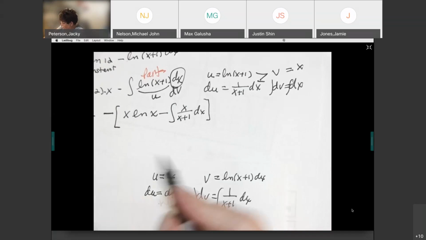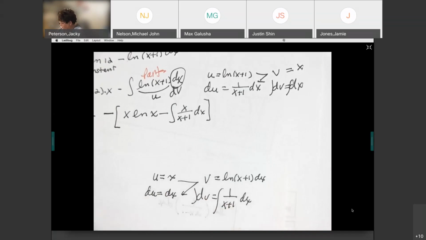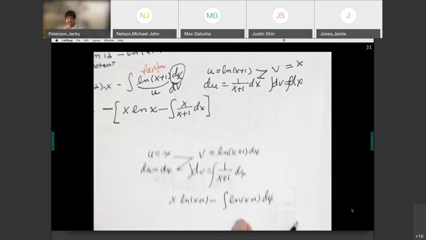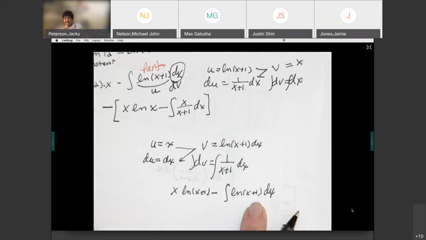Now, when you do parts, you end up with x natural log of x plus 1 minus the integral of the natural log of x plus 1 dx. And this thing here is parts again. Didn't I just do something?